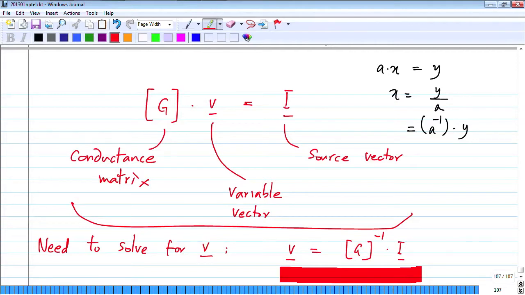What I have done is to set up the KCL equations at n-1 nodes, and I have chosen the voltages at these n-1 nodes with respect to the reference node as the primary variables. Okay.